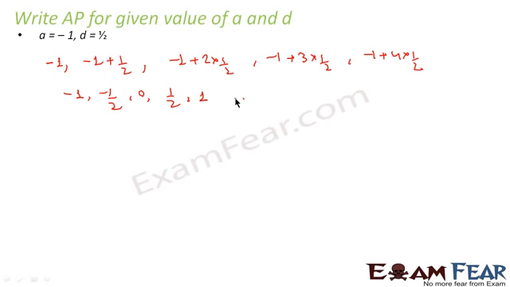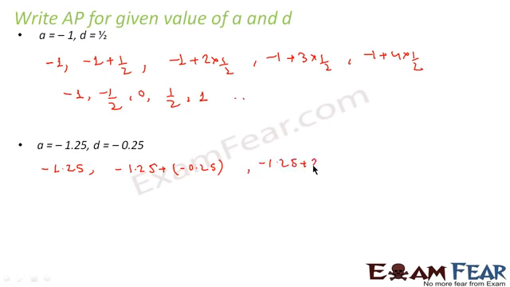Let's take one more example. A is equal to minus 1.25 and d is equal to minus 0.25. Here the first term will be a, that is minus 1.25. The second term will be a plus d, this is minus 1.25 plus minus 0.25. The third term will be a plus 2d, that is minus 1.25 plus 2 into minus 0.25.